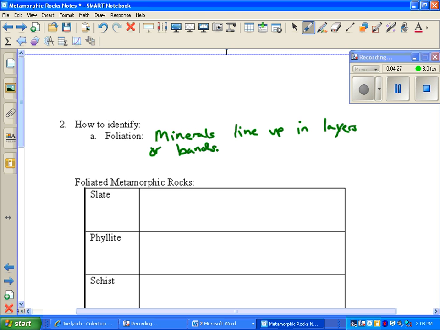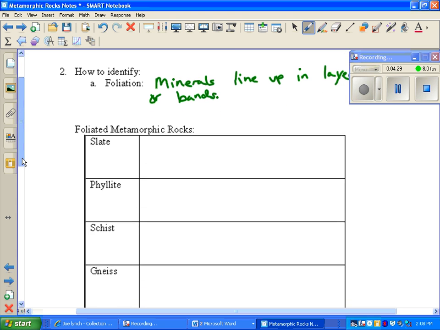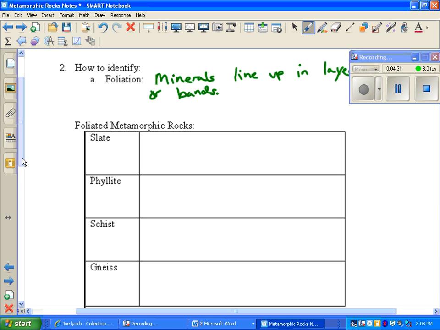And there are four of these. The first one we're going to talk about is slate. And slate is low-grade metamorphism of shale.